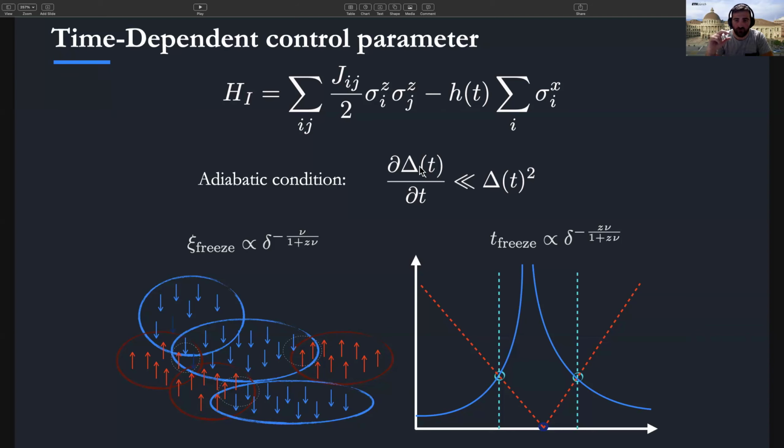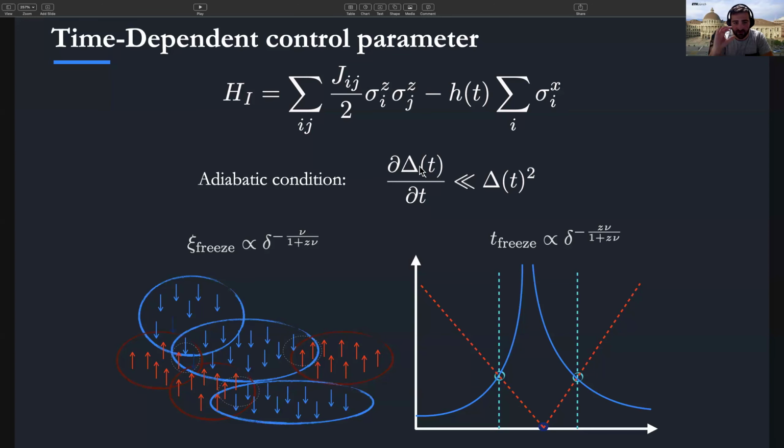Now, for each value of h which is far from the critical point, the gap has a finite value. Now, you collect the value of this equilibrium gap as a function of time, treating each instantaneous Hamiltonian at time t as an equilibrium Hamiltonian.